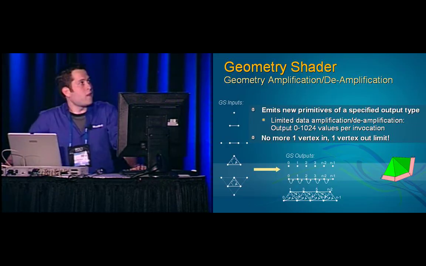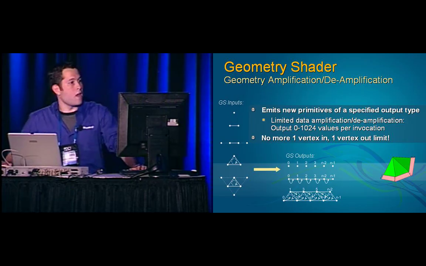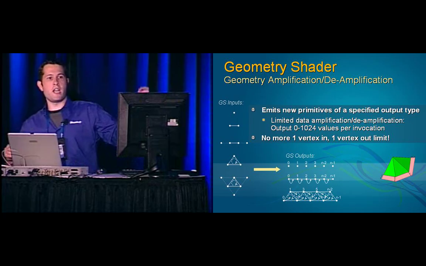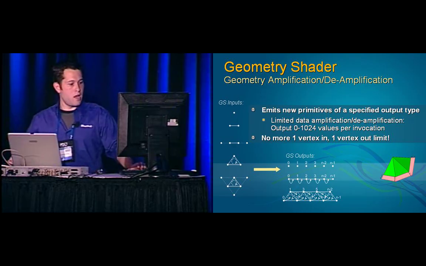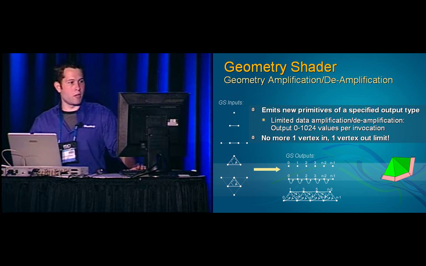And we're going to feed these values into the geometry shader as individual points, and then we're just going to emit an array for each invocation. So the majority of the time, we're just going to take one value in, one value out. But sometimes, if a particle is going to die off, we're not going to emit anything. And if we're going to explode a shell, we're going to emit a whole bunch of particles.